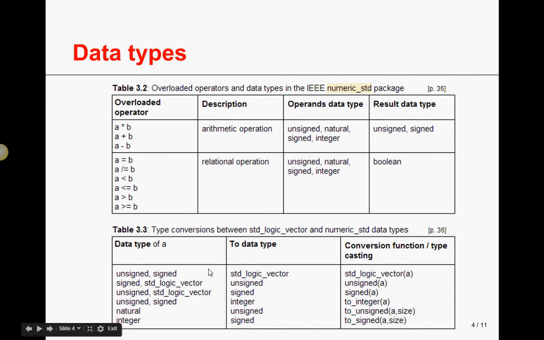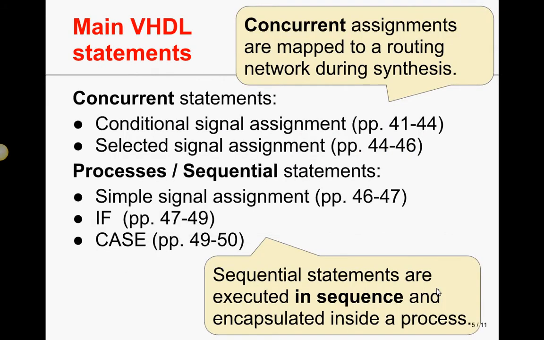Since the arithmetic operation requires the unsigned data type, we will need to convert from the standard logic vector into unsigned, which can be done by this statement: unsigned, and then in between brackets the original standard logic vector. We will see specific examples of typecasting or type conversion in a following presentation.